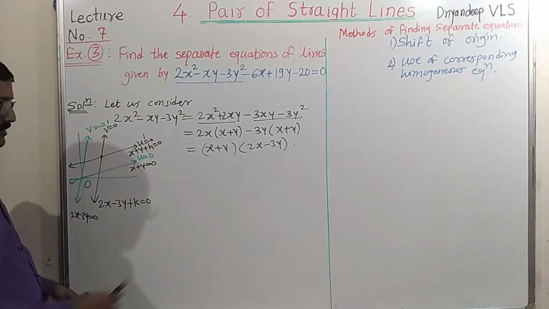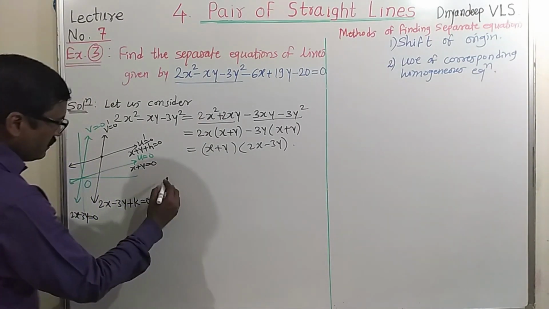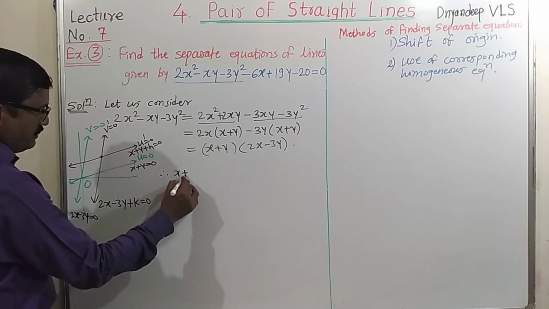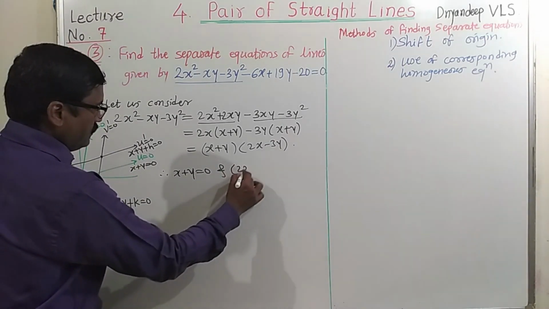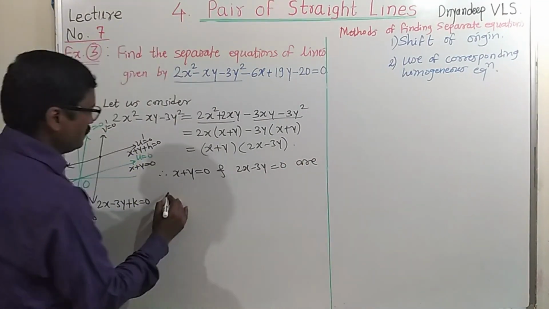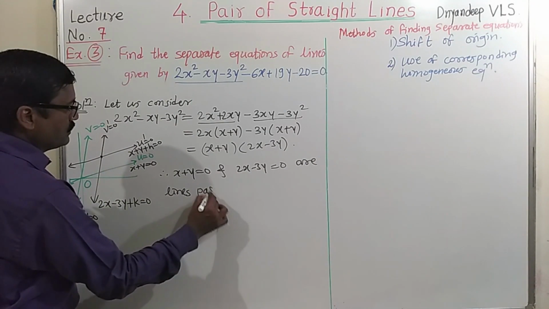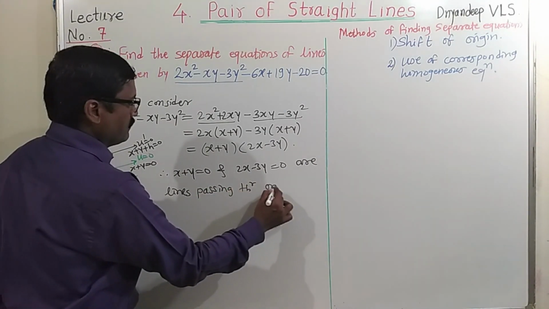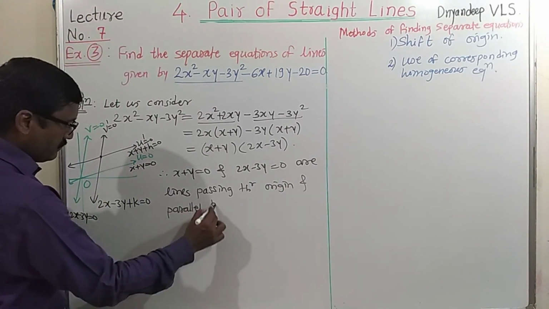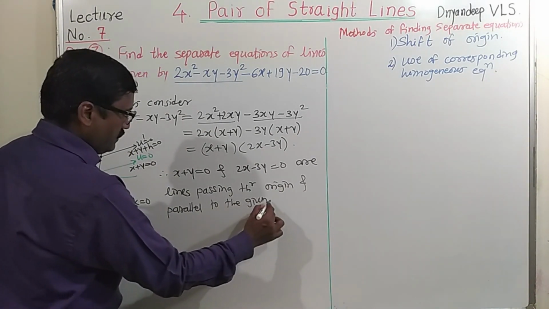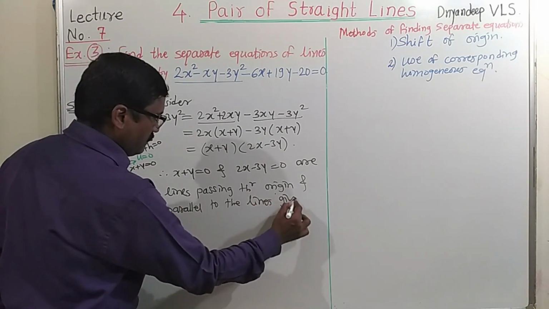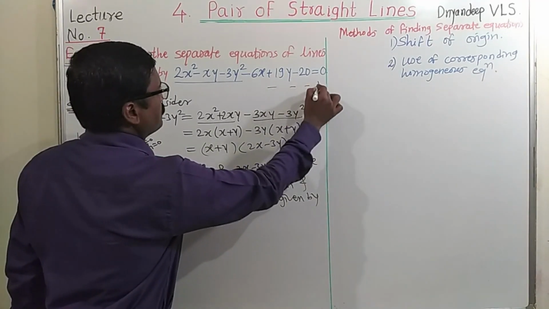Therefore we can say that x plus y equal to 0 and 2x minus 3y equal to 0 are the lines passing through origin and parallel to the given lines, or parallel to the lines given by this equation, suppose first.